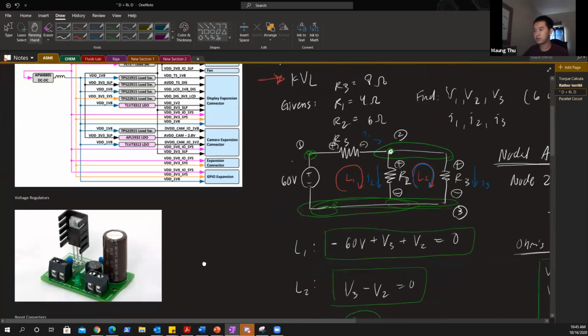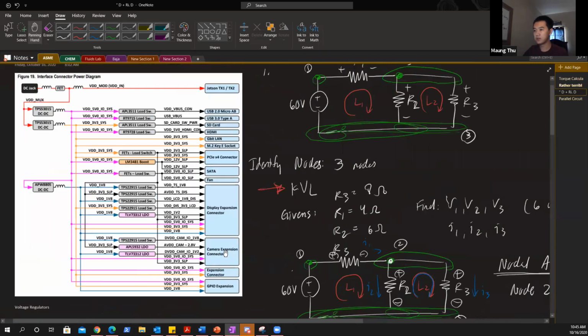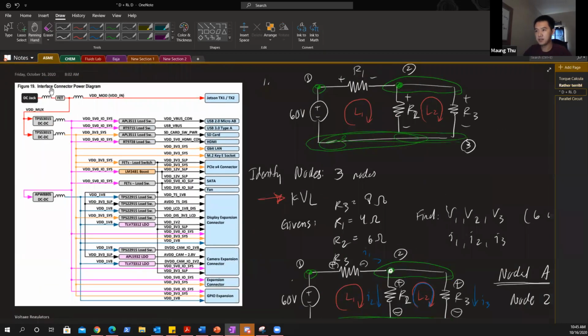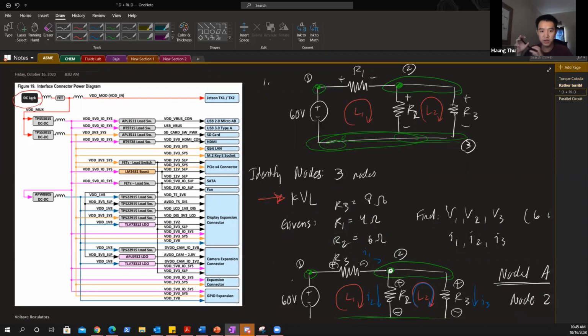Now I'm going to go back to here. How does all this relate to this? This is a picture of how the TX2 board is made, okay? The DC jack is basically the outlet plugged into your wall, and it has a transformer and a rectifier that converts the AC current from your wall outlet into DC current.